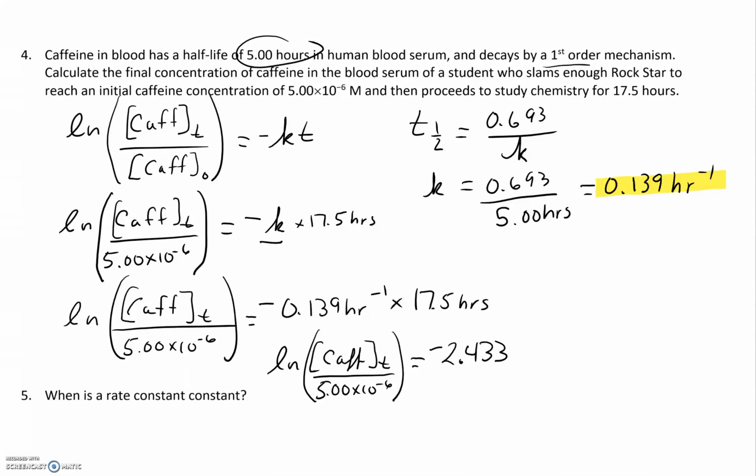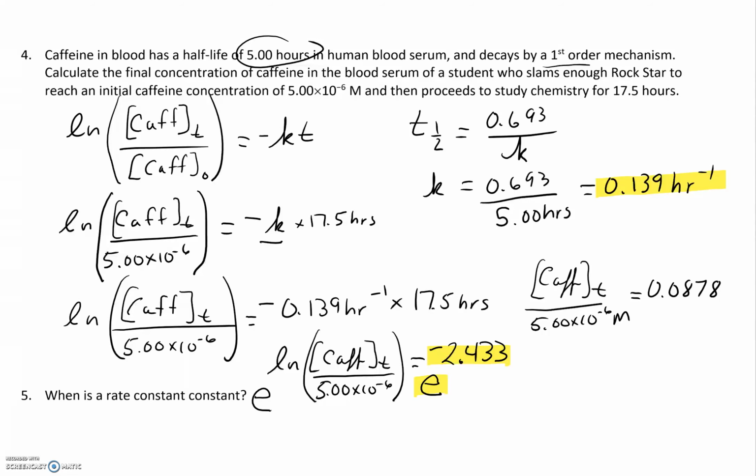We can solve for the caffeine concentration at some time by exponentiating both sides as the power of base e. In order to solve the e to the negative 2.433, you'll need to use the second function of the natural log on your calculator.